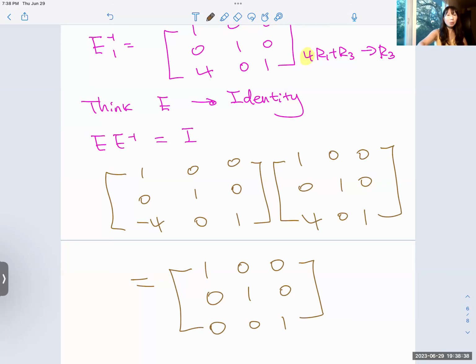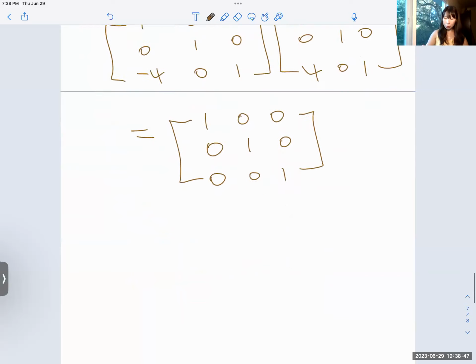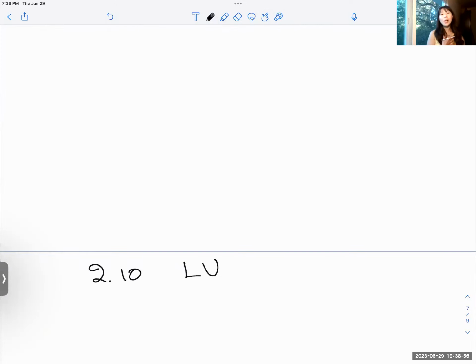So I need a little bit more time again for today. All right, so we do 2.10 LU. The title is LU, but actually it is LU factorization or decomposition.